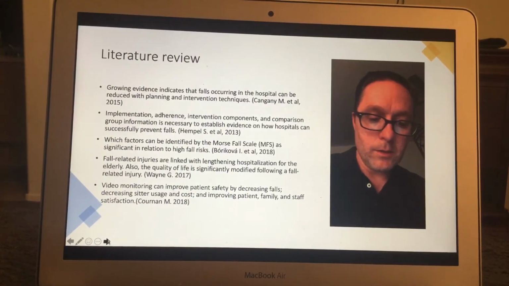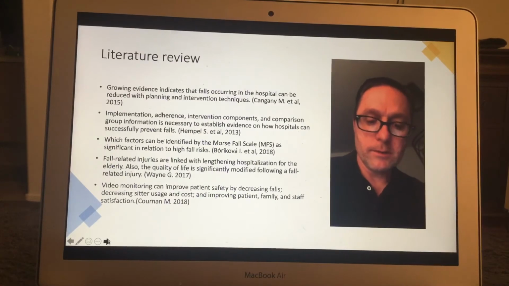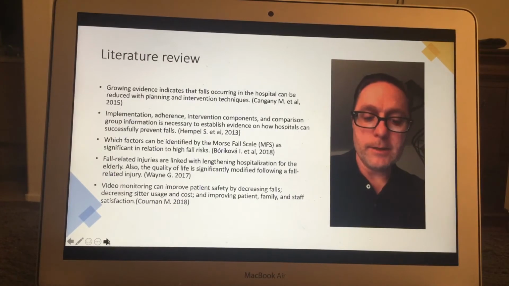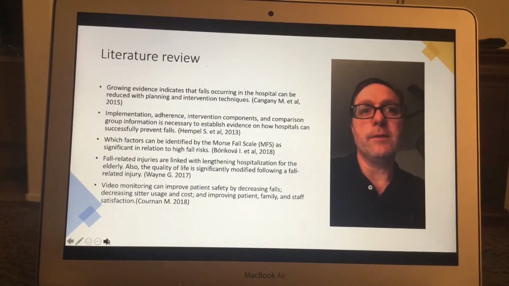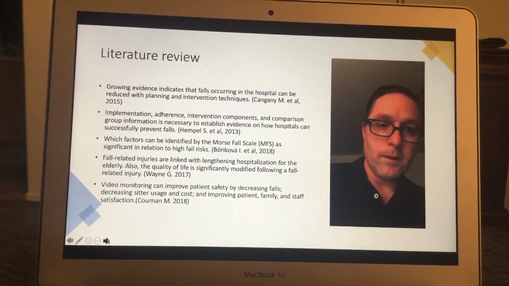And also Morse scoring: factors identified that reduce fall risk using the Morse Fall Scale. That was Borakova et al. 2018. And then I used Hempel S et al. for adherence and intervention components and comparison group information that reduce the risks of falls.